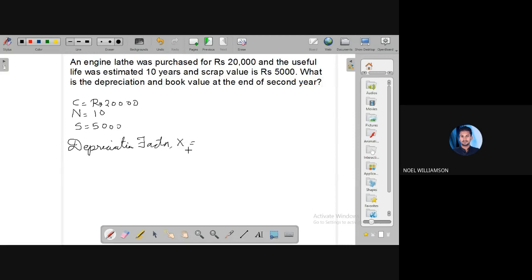The depreciation factor x is given by 1 minus S by C, the whole raised to 1 by N. Substituting the values, 1 minus 5,000 divided by 20,000 raised to 1 by 10, you get the value 0.1294, that is 12.94%. So 12.94% will be depreciated.